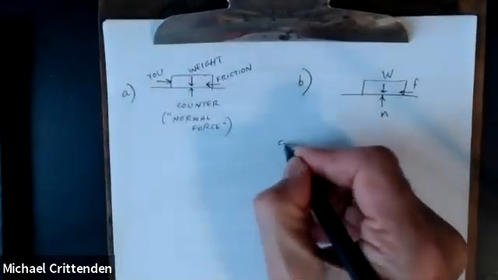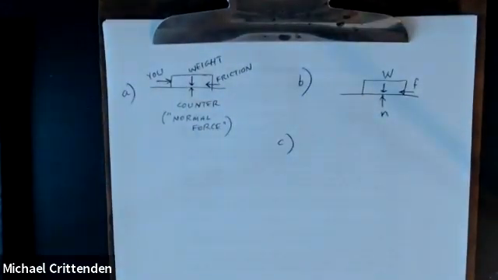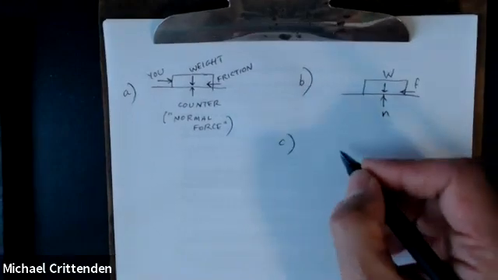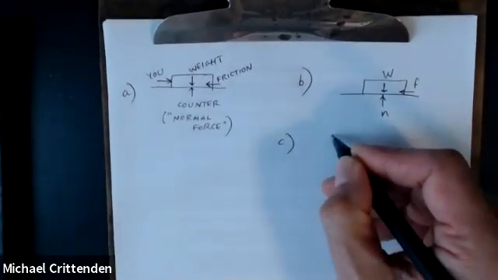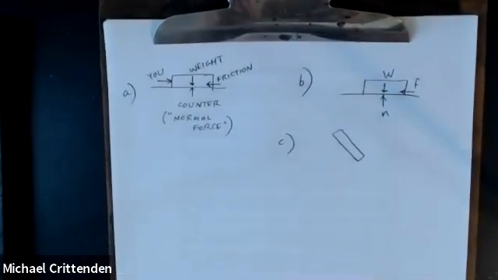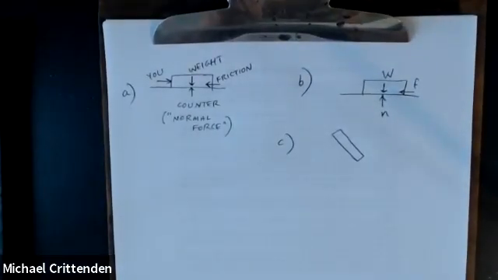Part C, after it goes over the edge, and now it's on the way down. It's a freely falling object heading toward the floor. Well, maybe it's begun to rotate, I suppose, if you wanted to. Maybe I should draw it like that. How the toast is oriented has really very little to do with the answer.